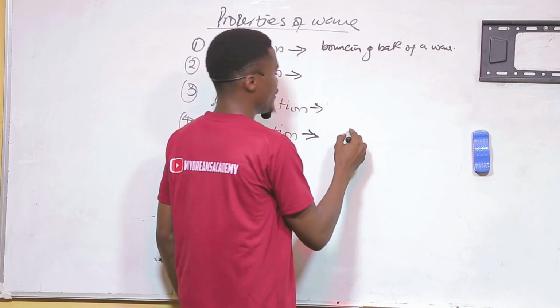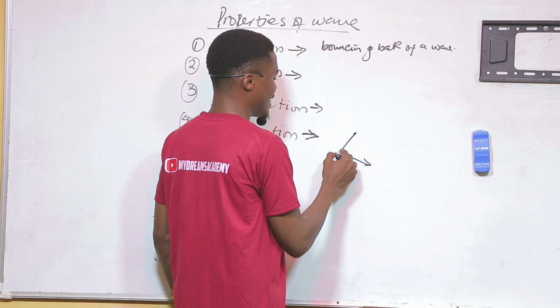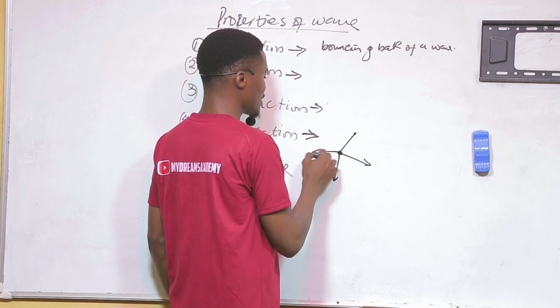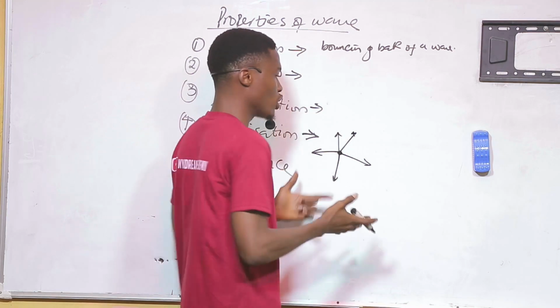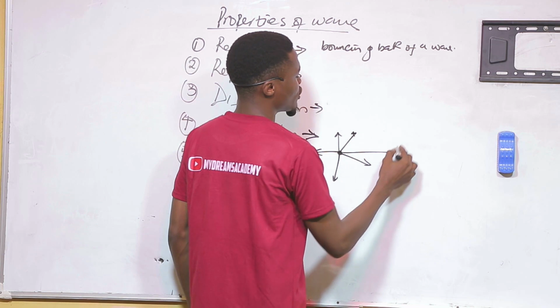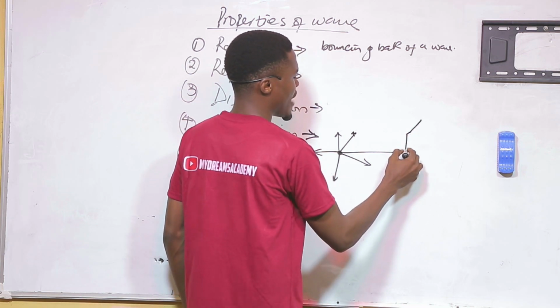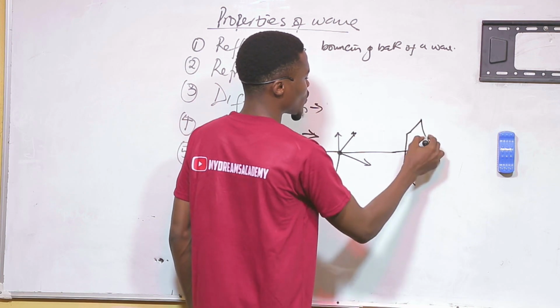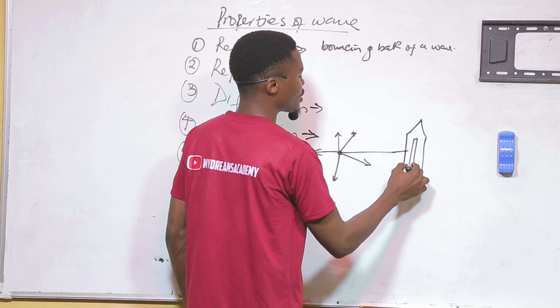So what happens? If I have unpolarized light from a source, this diagram is just like the diagram I drew before. I have an unpolarized light, and then I pass this unpolarized light through a Polaroid, something that will make the light move in a particular direction.